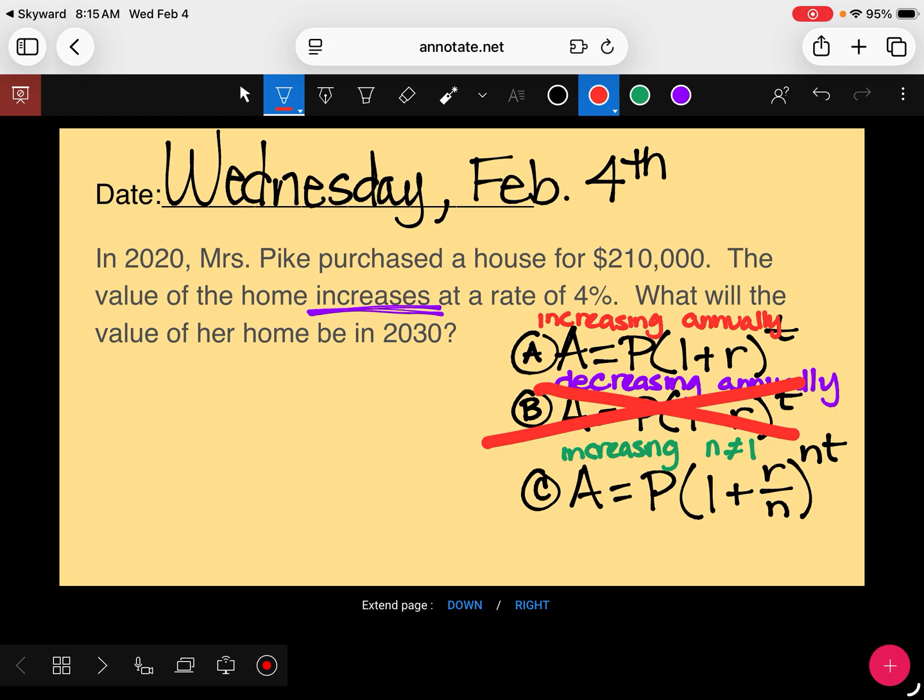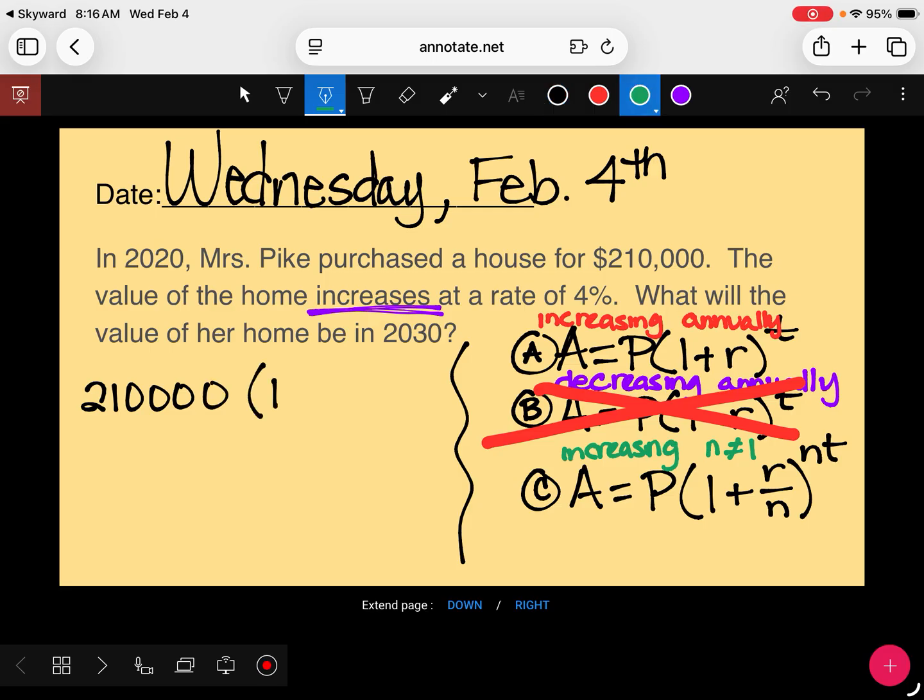A. So when we type it in our calculator, her home was $210,000. And it increased, so I'm using the plus sign, 4%. When I change 4% to a decimal, is it 0.4 or 0.04? Who says 0.4?